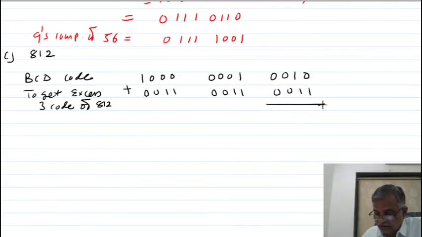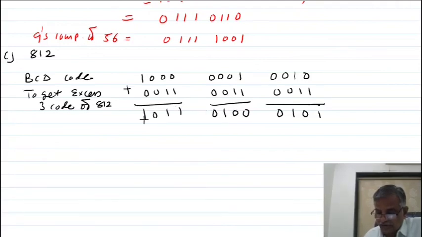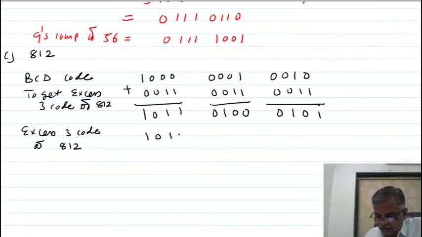You will get here 1010, here you will get 0010, here you get 1101. This is XS3 code of 812: 1011 0100 0101. This is XS3 code.